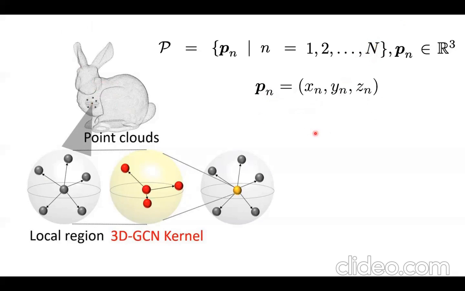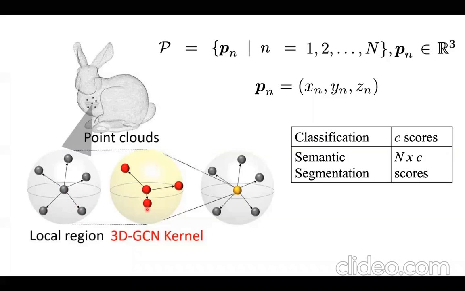Let's go into detail and see what the neighborhood is, which is equivalent to an image patch, and then what a 3D GCN kernel is. The task at hand is classification.